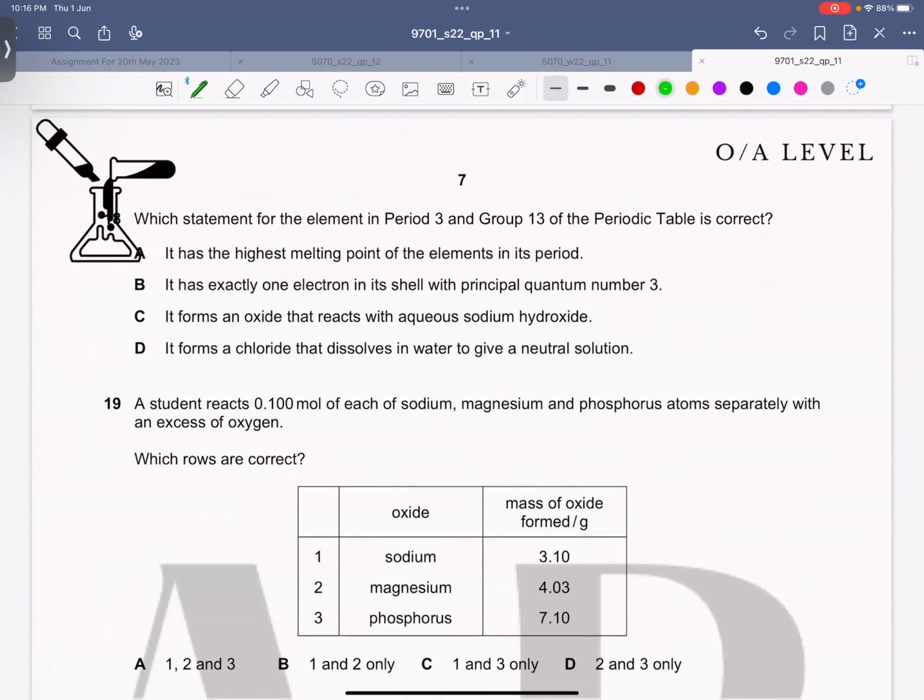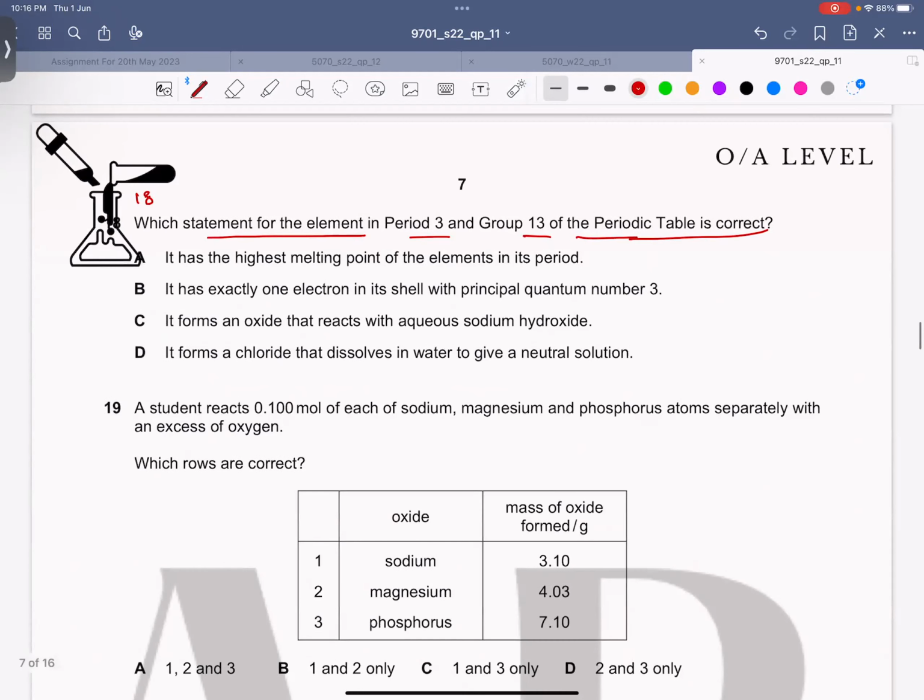Now, question number 18. Which statement for the element in period 3 and group 13 of the periodic table is correct? They are talking about group 13 and period 3.